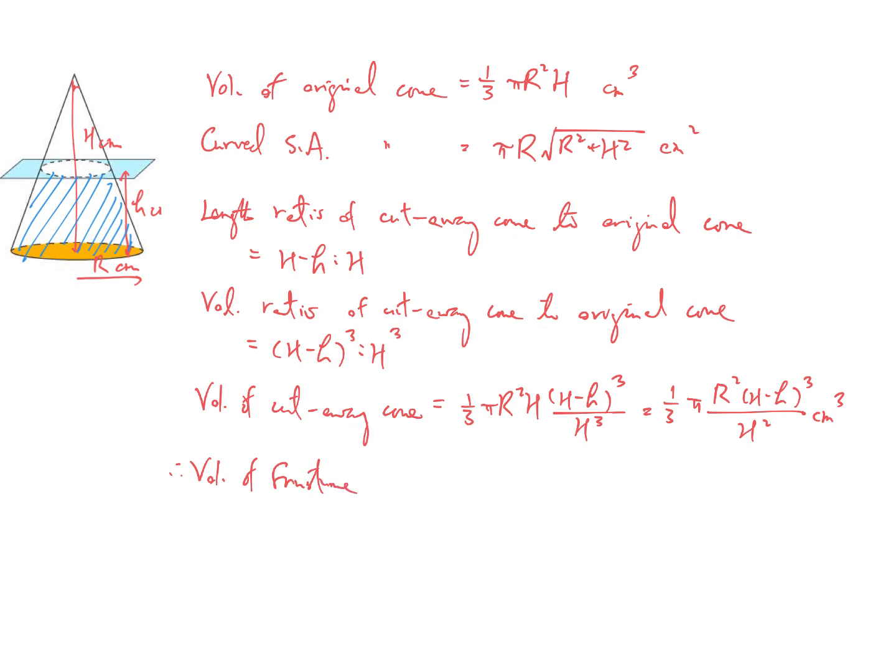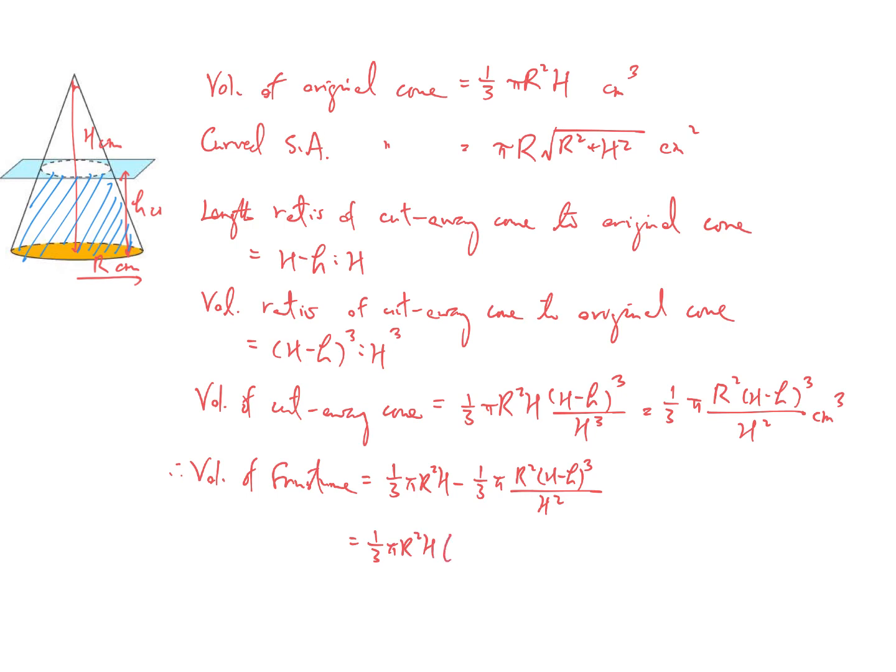And therefore the volume of the frustum would be the difference of the cutaway cone and the original cone. The original cone, 1 over 3 pi R square H, and then minus 1 over 3 pi R square (H minus h) to the power 3 over H square. Well, in fact, there's one simple method.